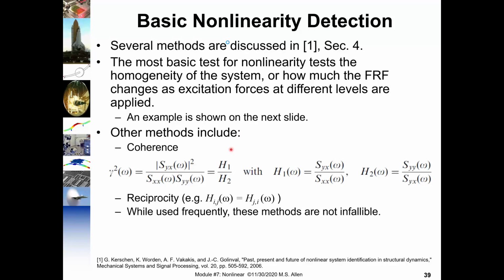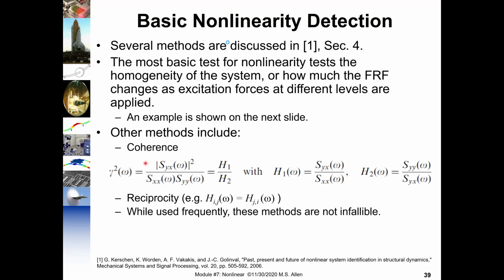There are some other methods that can be used. One of them is coherence, which, in the process of computing an FRF, is a measure of consistency in the autospectra that go into that computation. So it gives you an idea of the variability. If you have high variability, then that probably means that you have amplitude that's changing with time throughout the course of your test.